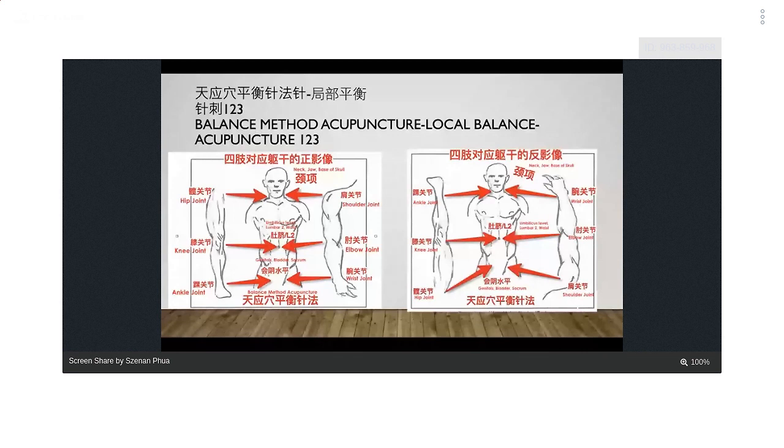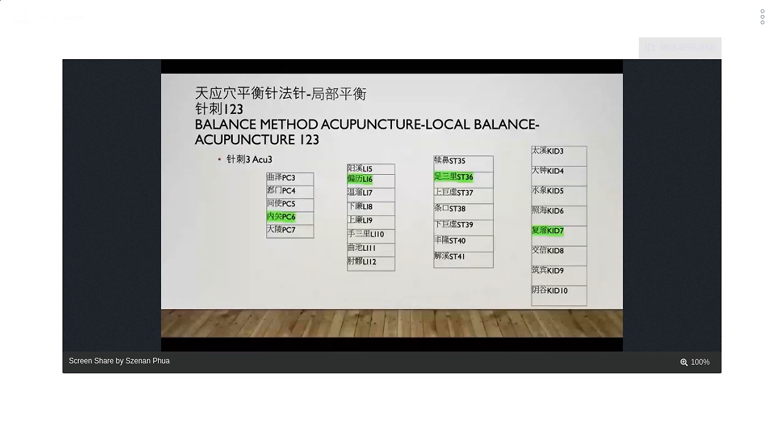What you can see over here, this is acupuncture 3. We're choosing the point. I'm going to show you local balance. If you look at the large intestine, we have large intestine 5 to 12, right?